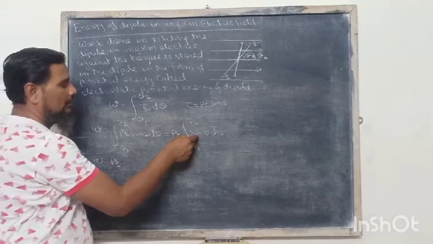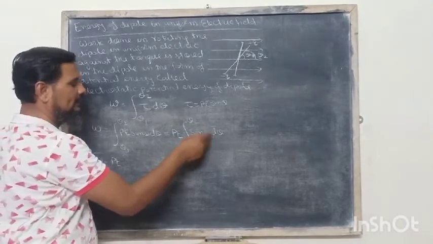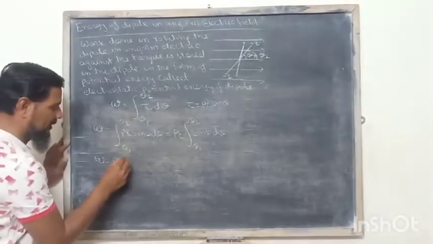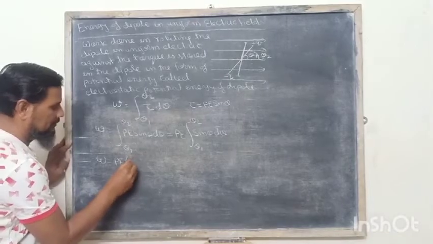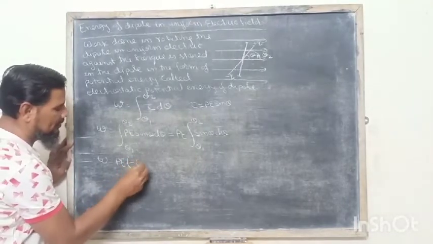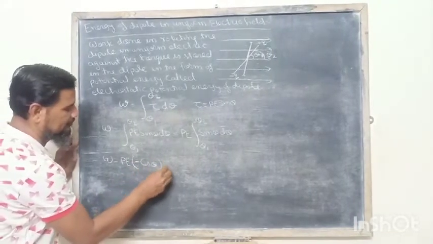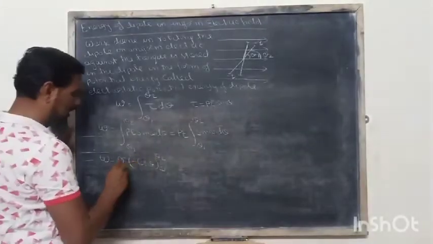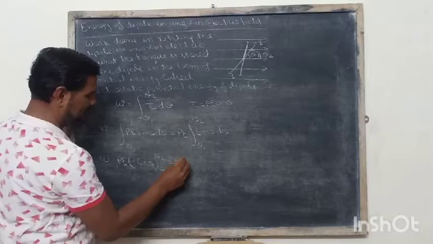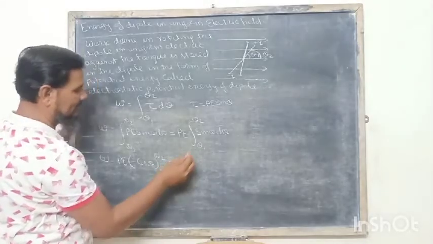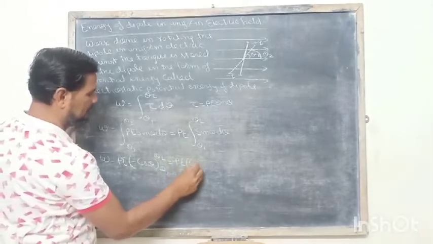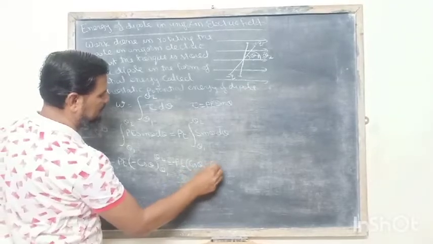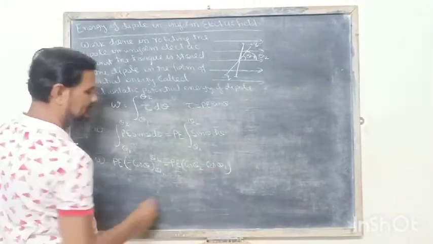So value of integration of sin theta will be equal to minus cos theta, theta 1 to theta 2. We put the upper limit first, minus sign can be taken out, cos theta 2 minus cos theta 1.